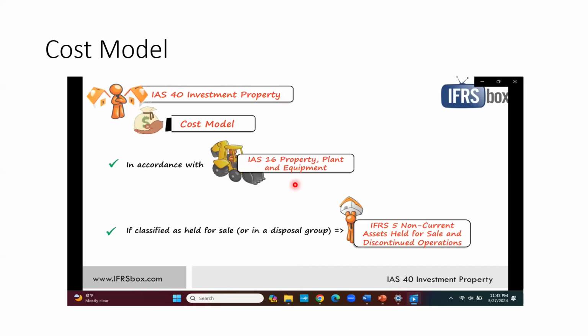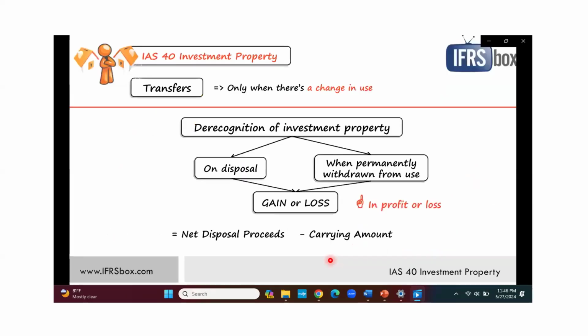There are several standards for assets: IAS 16, investment property IAS 40, intangible assets IAS 38, non-current assets held for sale IFRS 5, and all that. So if the asset is held for sale, you have to use IFRS 5 to account for it.